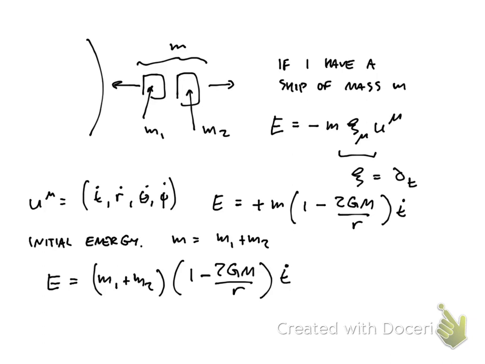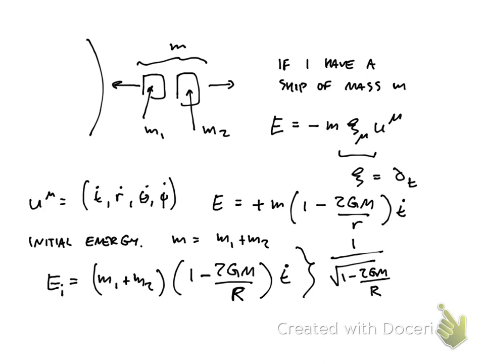But remember, I worked out what t dot was. The ship is stationary at rest, which means t dot is equal to 1 over the square root of 1 minus 2GM over capital R. And in fact, this R also is capital R because everything is starting out at this point.